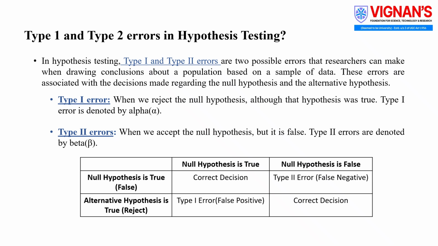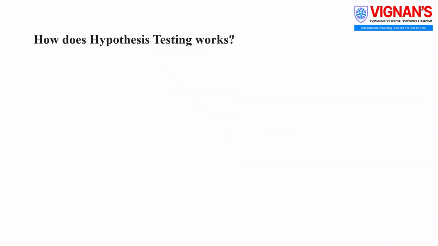When the null hypothesis is false and we correctly reject it, this is also a correct decision. However, when the null hypothesis is false but we fail to reject it, we make a type 2 error, also called a false negative. Hypothesis testing follows a systematic set of steps to decide whether a claim about a population is supported by sample data.